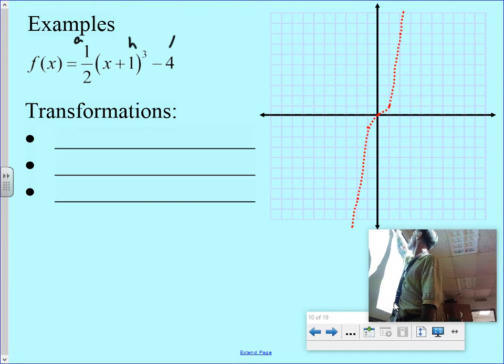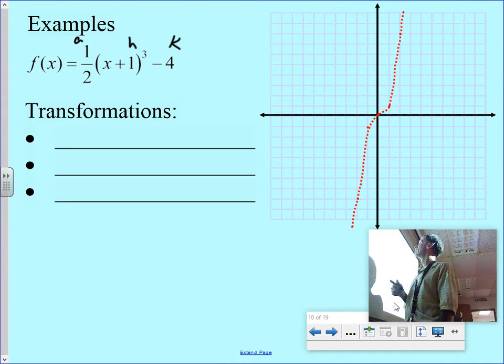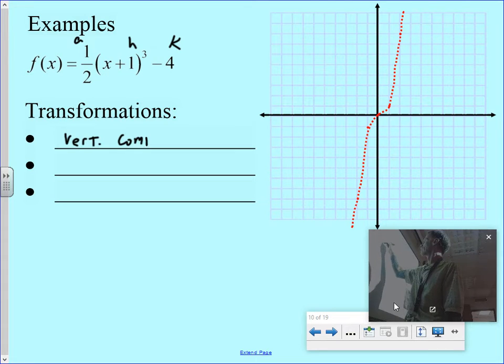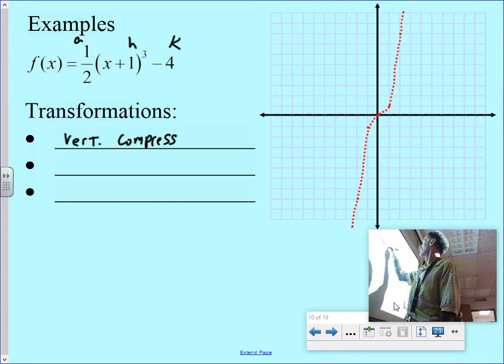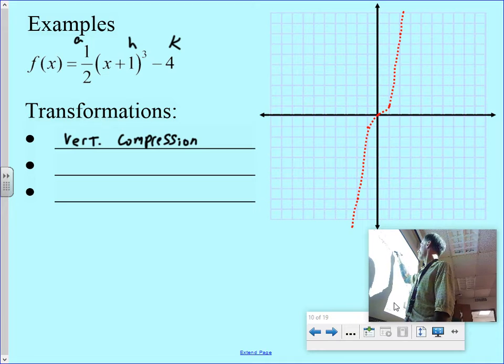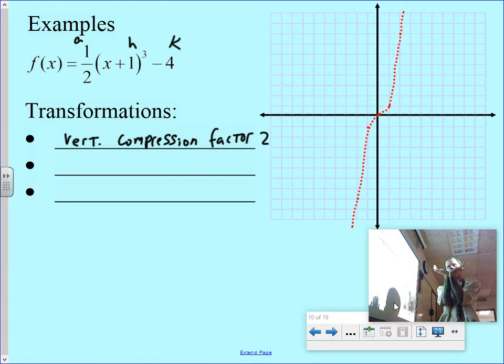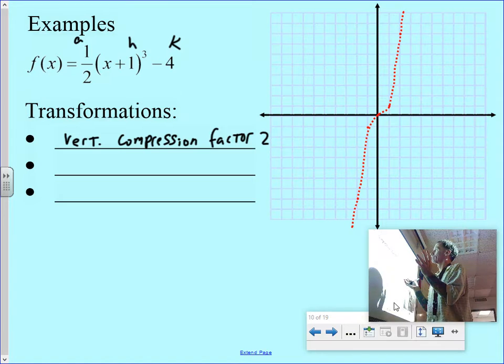Here is my H. Here's my K. So I know the A, again, it's less than 1, so that means it's a vertical stretch. I'm sorry, vertical compression. A lot of people call that a compression of a factor of 2, which means, again, this is going to get wider by a factor of 2.